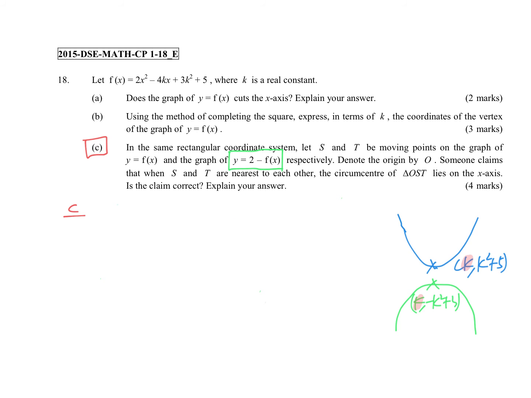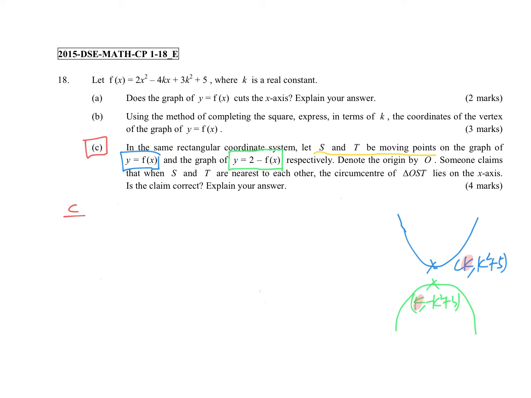So now S and T are actually moving points, on the blue graph and the green graph respectively. When S and T are nearest to each other, S and T will be simply here.